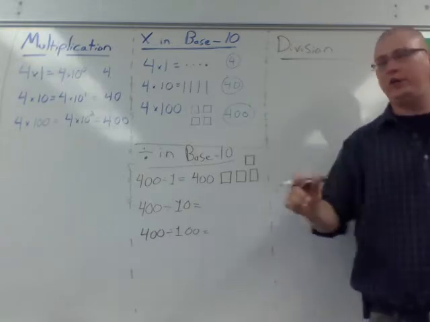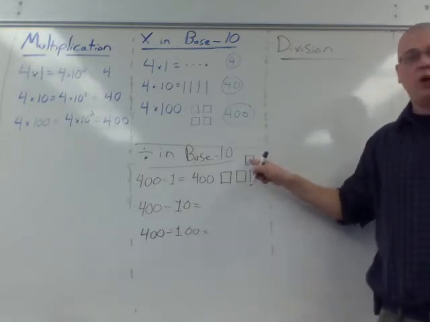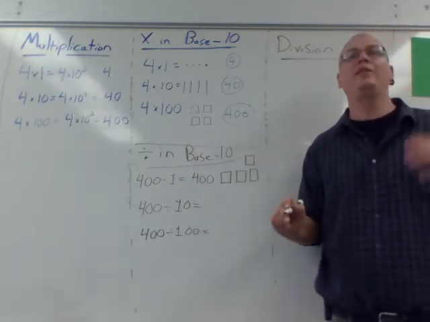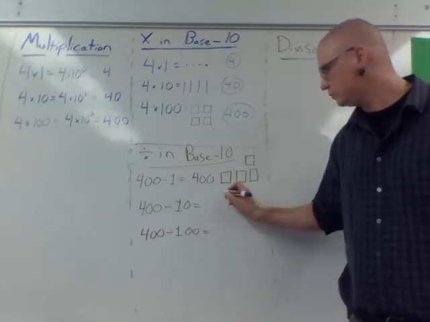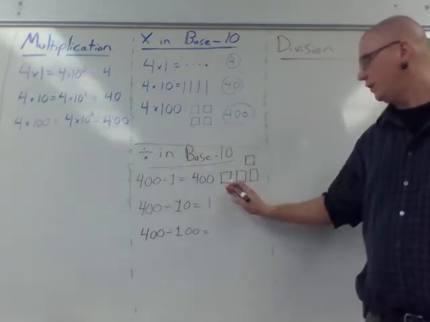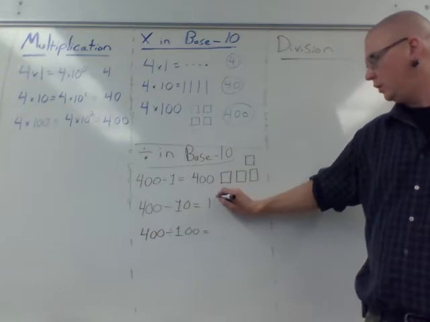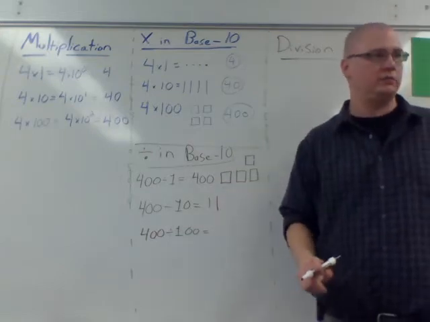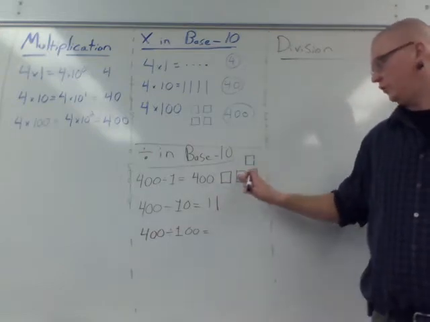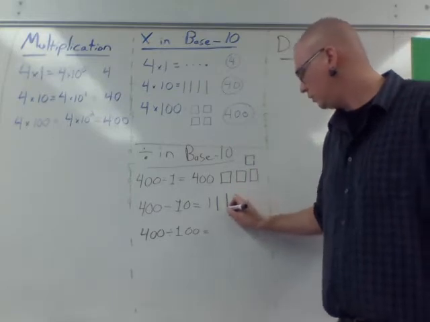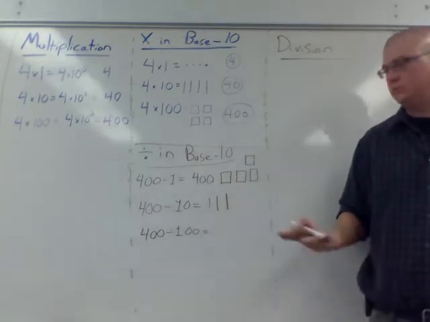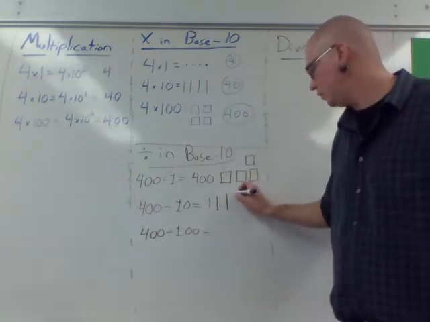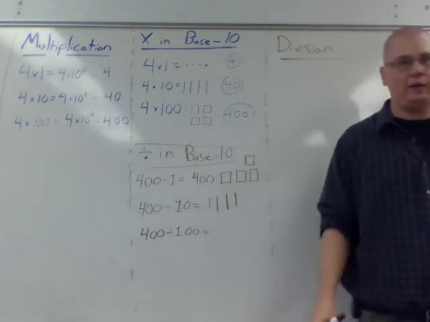So instead of increasing, we're decreasing. I take this 100 and I take 1/10 of that. And I take this 100 and I take 1/10 of that. This 100, take 1/10 of that. And this 100, take 1/10 of that.